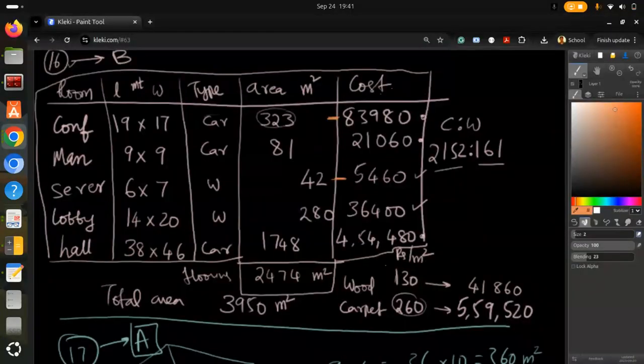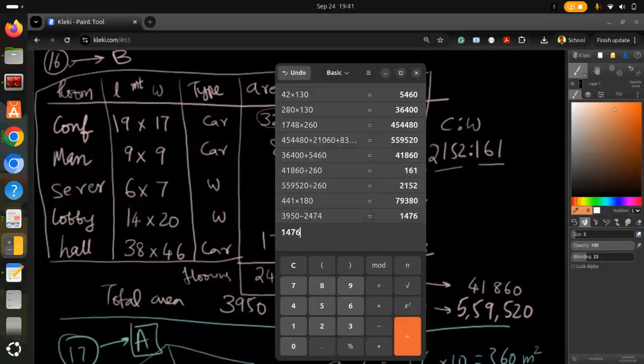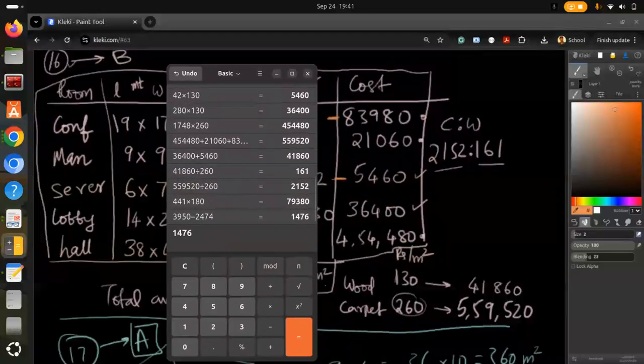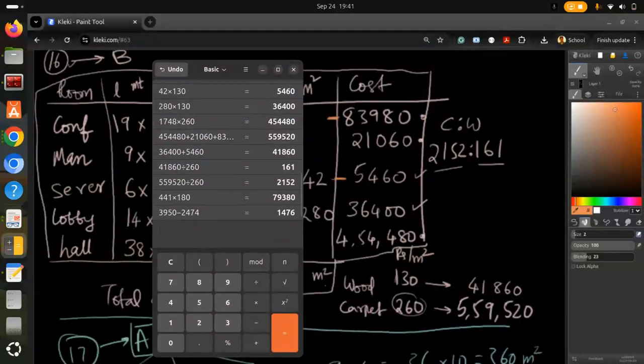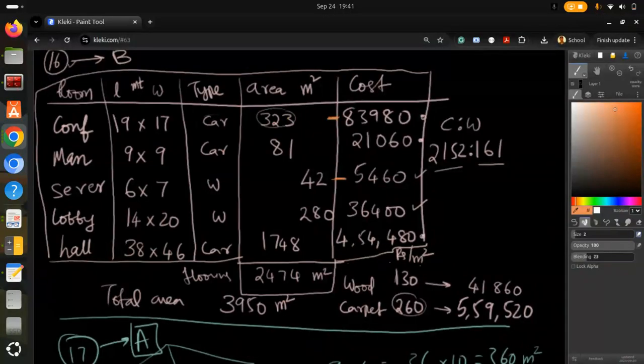So these two numbers I am supposed to add. Let's do it in the calculator. I'll just uncover these numbers. 83980. We should be careful not to make any mistakes here. 5460. So 89,440 is the answer. 89440, so let us see.